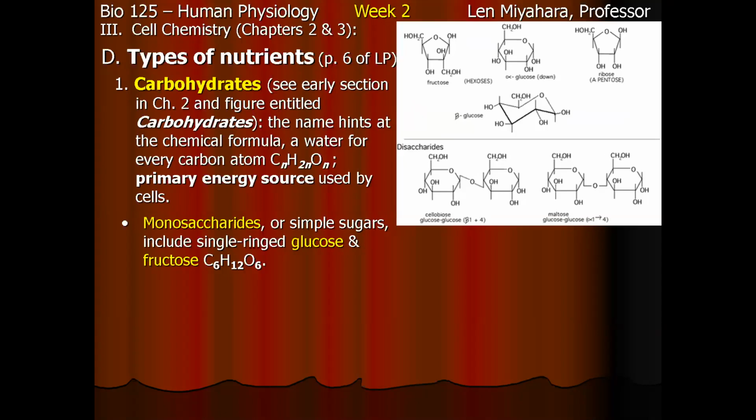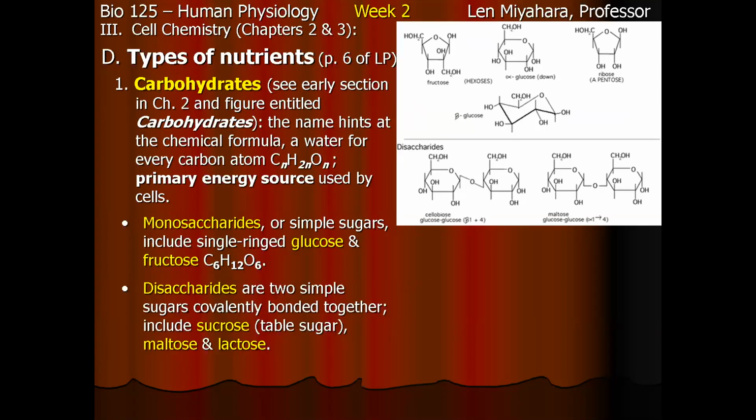Glucose is the most common in your cells. There's other ones that other plants make, so you have the body to use those as well. But it's basically you're going to convert it to glucose to use in your body, which is why blood glucose is an important lab test.